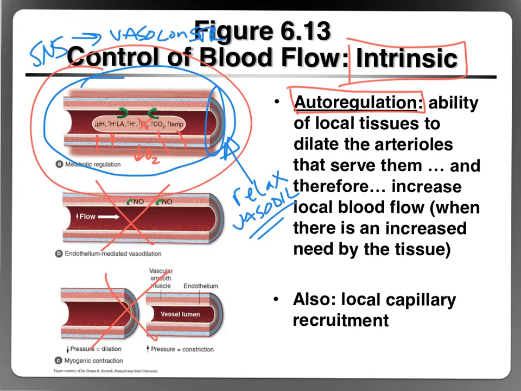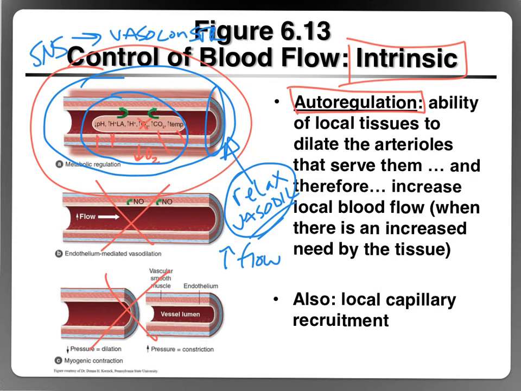The chemoreceptors and thermoreceptors are going to detect these changes occurring in that area, indicating that area needs more blood flow. And the response is that the smooth muscle, the effector, is going to be told to relax and vasodilate, which is going to cause more blood flow through that arteriole, which is going to result in negative feedback.